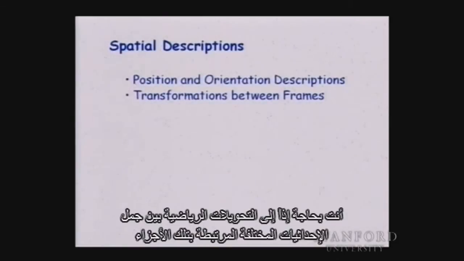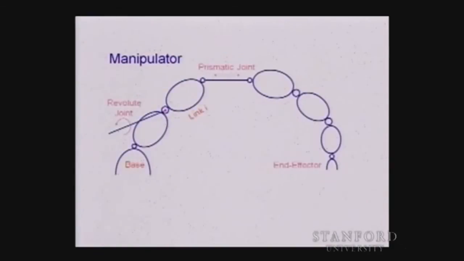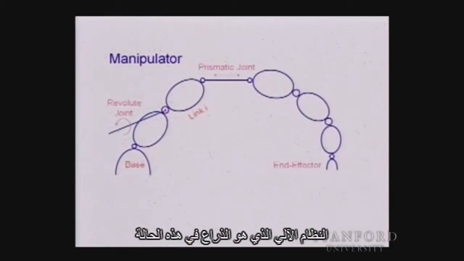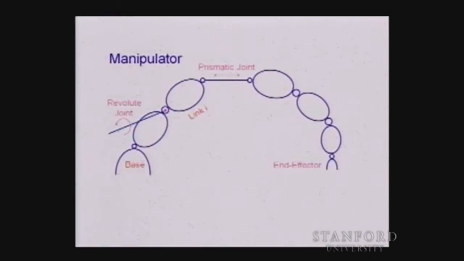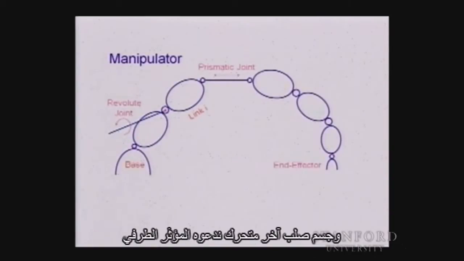So the mechanism that is the arm in this case is defined by a rigid object that is fixed, which is the base, and another rigid object that is moving, which we call the end effector.